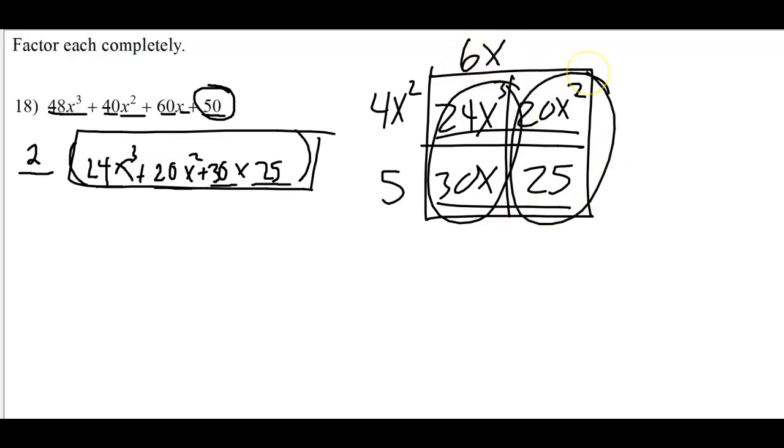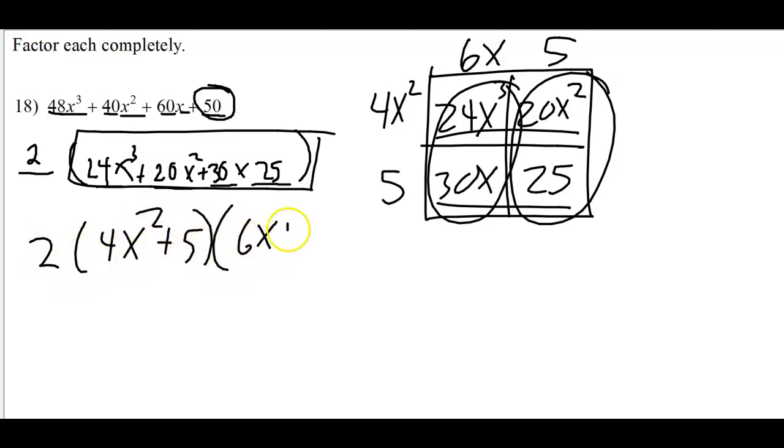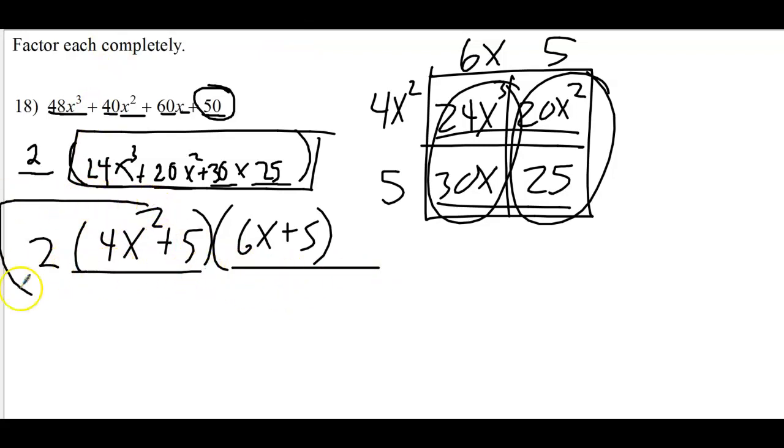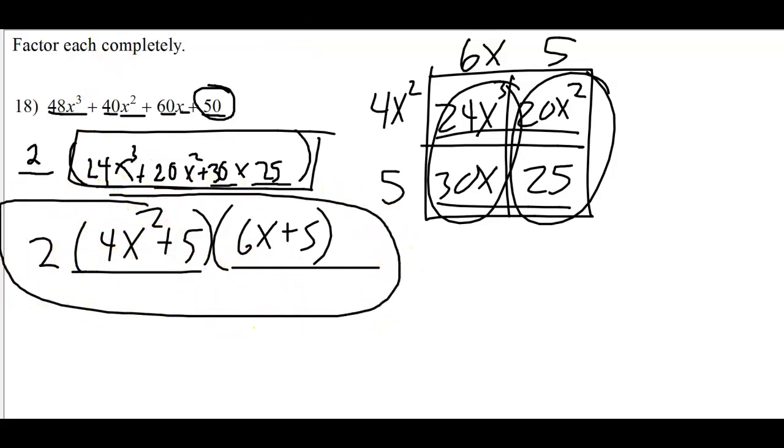And then for these two, thinking maybe 5 again. And so we have 2, 4x squared plus 5, and 6x plus 5. And none of these can be factored anymore, so we are officially done with that one.